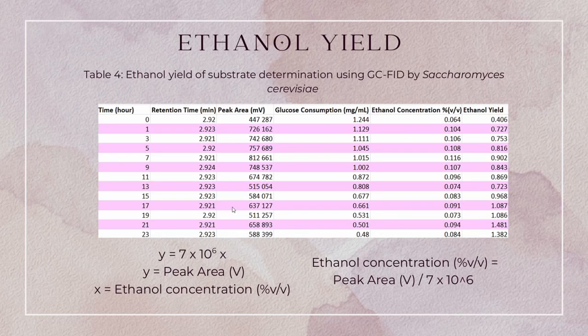Again, the same method is used to calculate the ethanol concentration, by referring to the standard curve obtained from the previous experiment, which is y equals 7 times 10 to the power negative 6 x, where y is the peak area and x is the ethanol concentration. I rearrange the equation: ethanol concentration, percentage volume per volume, equals peak area divided by the slope, which is 7 times 10 to the power of negative 6.